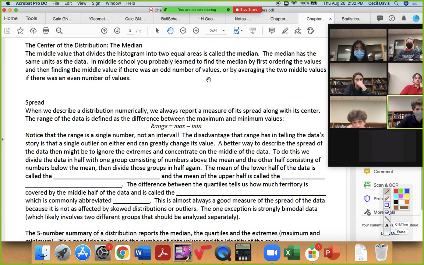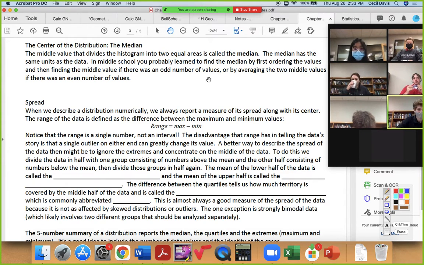And then the spread, there's a couple of different kinds of spread that we're interested in. One is the range. And unfortunately, in common use, people say range and they give it, ranged from 10 to 500. Well, that's not actually the range. And if you said that it ranged with a D on the end of it, it's okay to say it that way. But if we ask for the range, it's a single value.